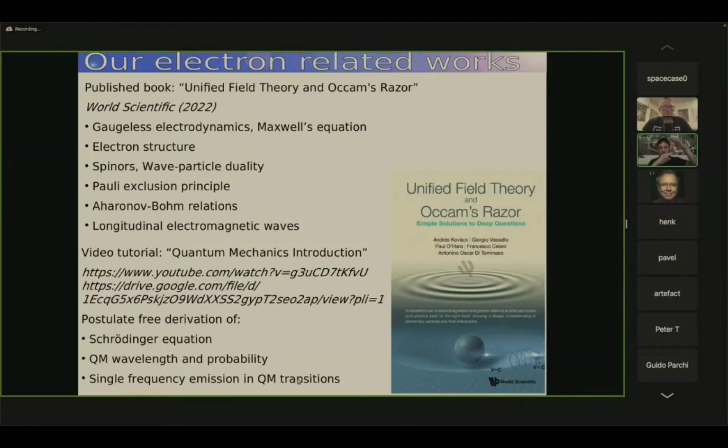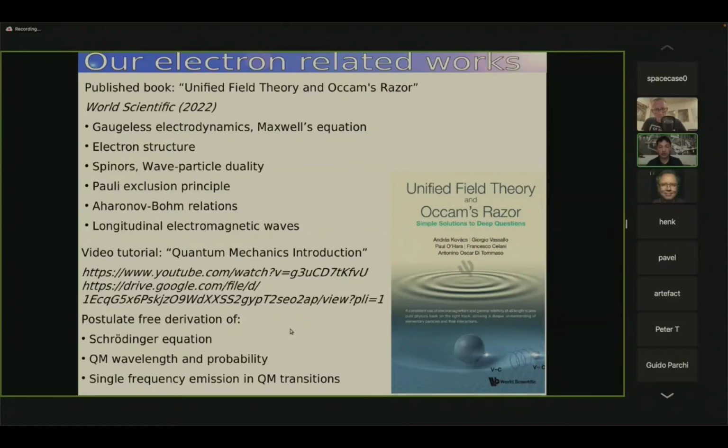When you have a transition between two quantum mechanical states, let's say two stable states of the electron, those transitions always generate single frequency waves. This has been the inspiration of the so-called photons, and there have been 100 years of uncertainty about how to really understand photons. I think if you are patient enough and watch this video to the end, you could have a chance to understand photons a bit as well.